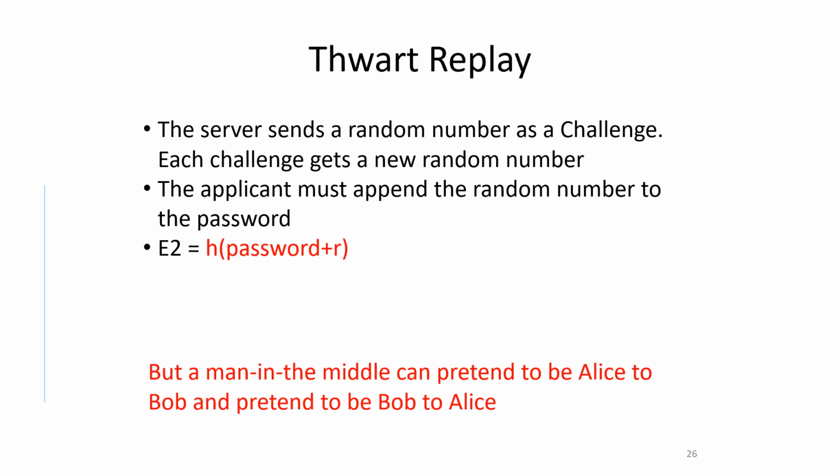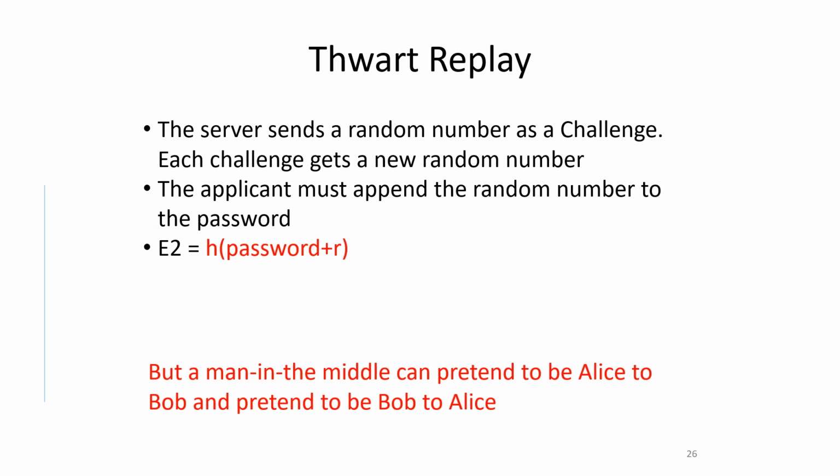Right? So the next thing the black hats are going to do is a man-in-the-middle attack. You pretend to be Alice to Bob, and pretend to be Bob to Alice. If you convince Alice and Bob that your IP address is the IP address of the one they want to talk to, then one of them is going to send you a challenge.